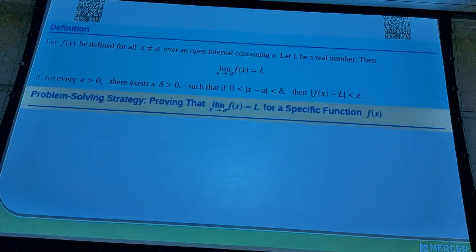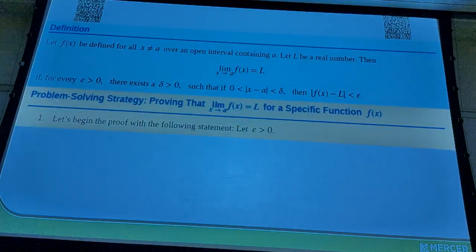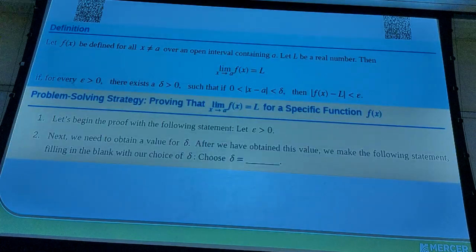We're going to include here as well the strategy for doing a proof. Generally speaking, there's no one right way to do a proof. Now we'll start with: let epsilon be greater than 0.